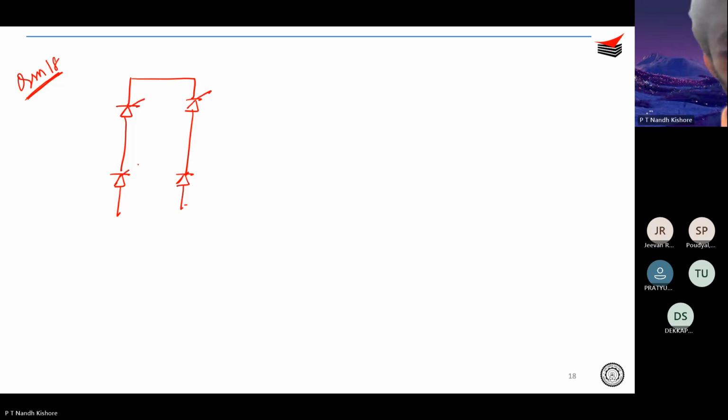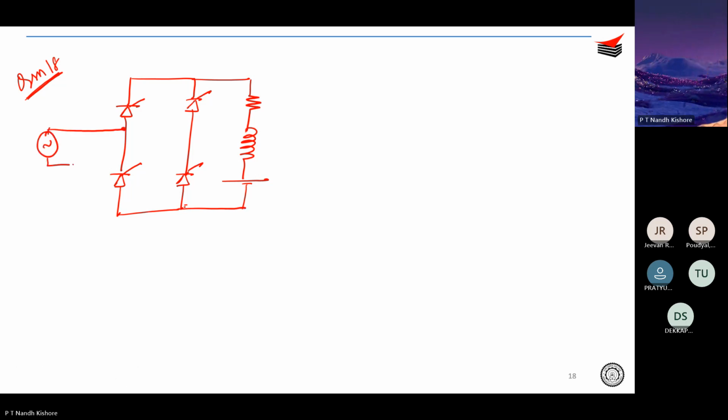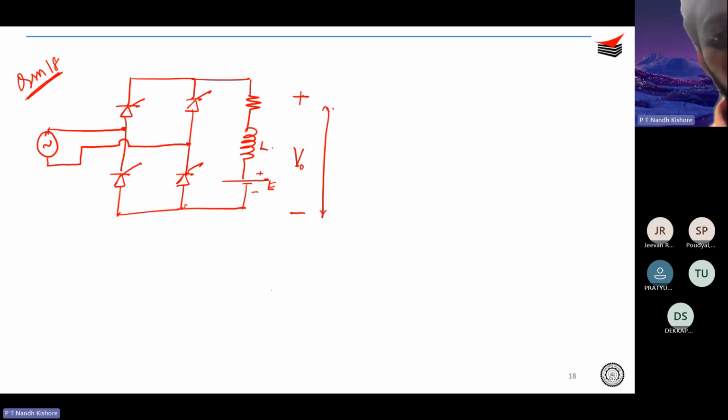This will be question 18. It's a very similar circuit, just that I have a battery over here.